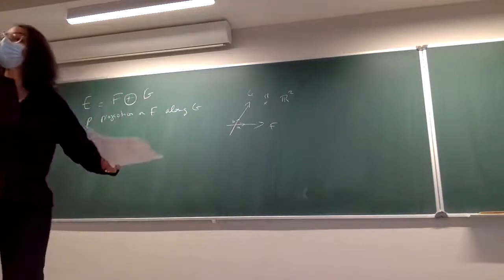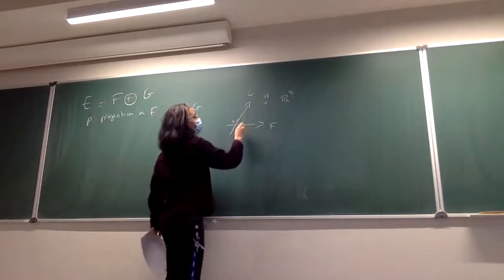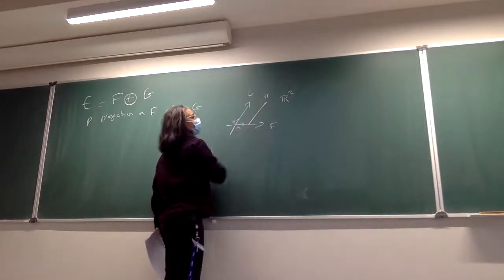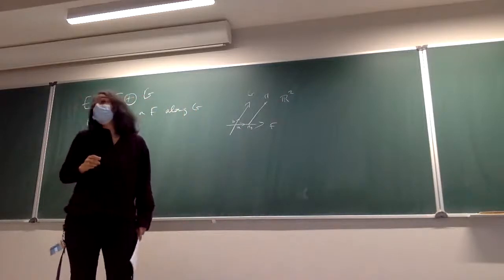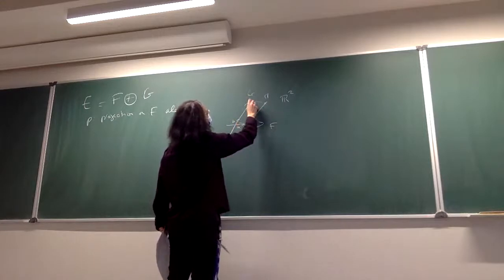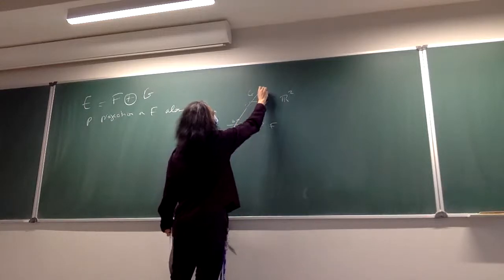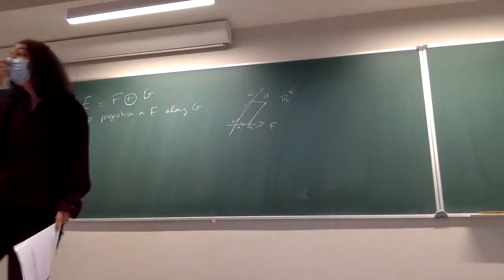We've already said that. That's the reason why we have a direct sum. So I can decompose M as one element that belongs to F, the direction F, and one element that belongs to the direction G.